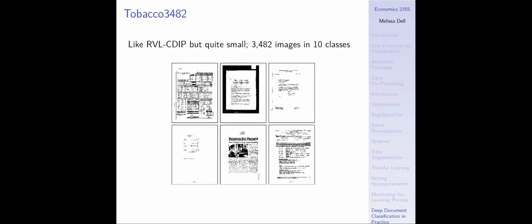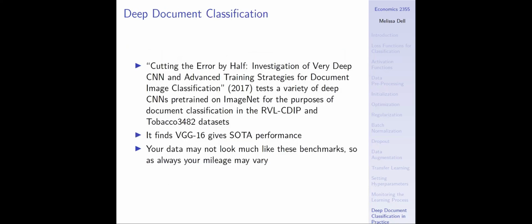The Tobacco data set is essentially the same, but it's a lot smaller. It only has 3,482 images, which is pretty small in the context of deep learning, and it puts those into 10 classes that are similar to the previous classes. There are papers on this; a prominent one is called Cutting the Error by Half: Investigation of Very Deep CNN and Advanced Training Strategies for Document Image Classification.